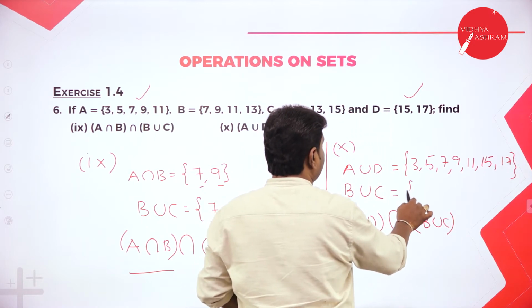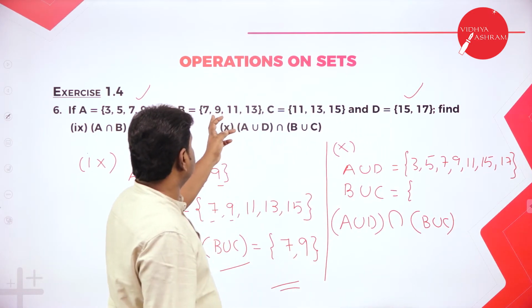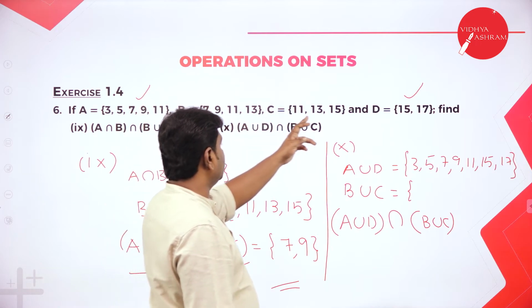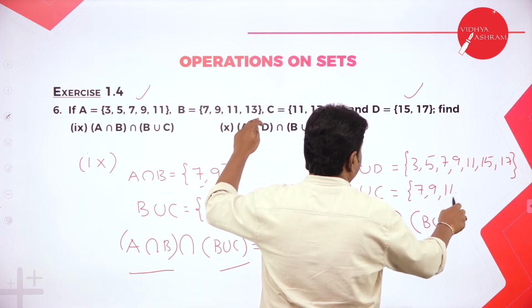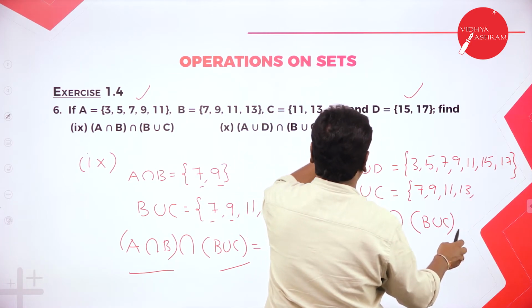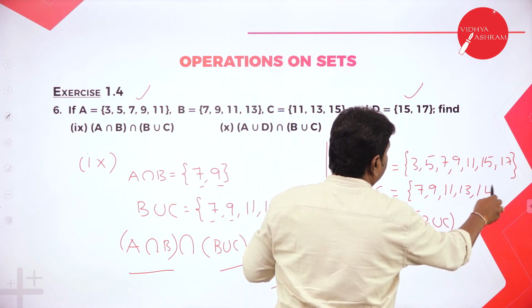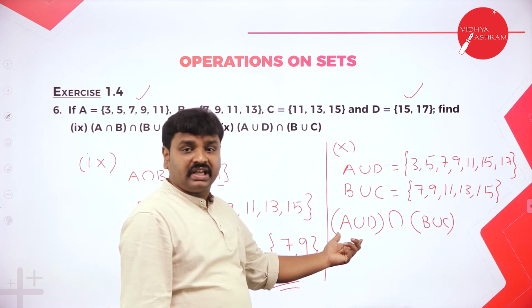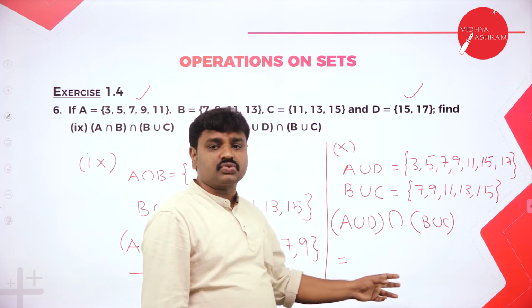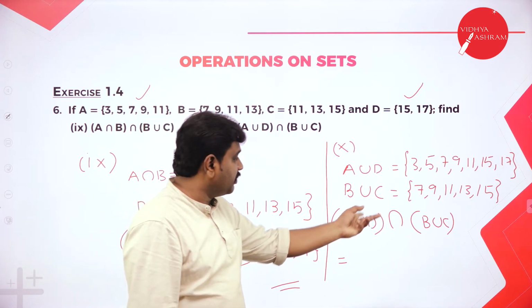And B union C. What is B union C? Combine B and C, that is 7, 9, 11, 13, then 11, 13, 15. 11, 13 we already wrote, so only 15. So now intersection. A union D intersection B union C means what? What is meant by intersection? Common elements of these two.